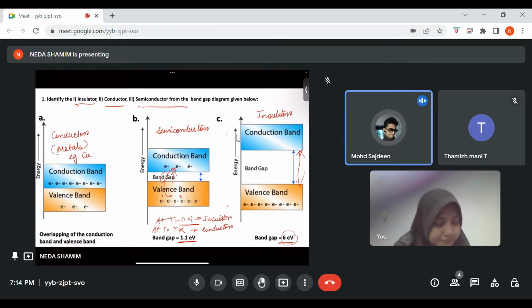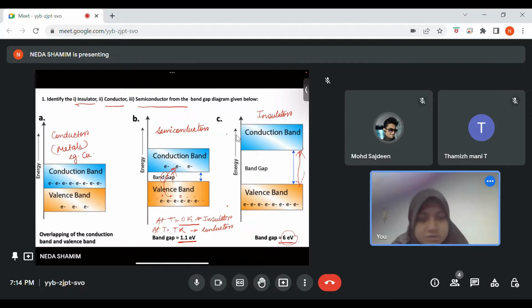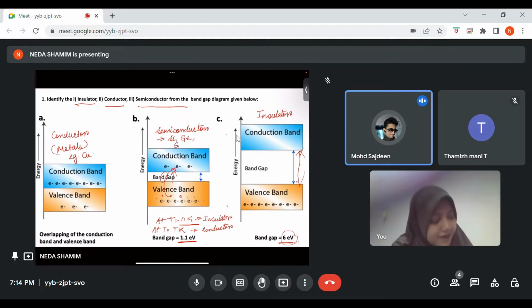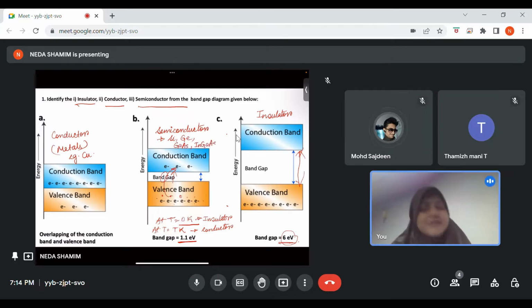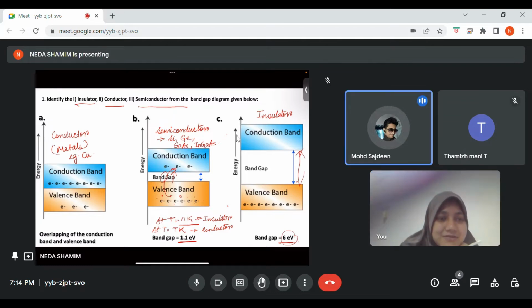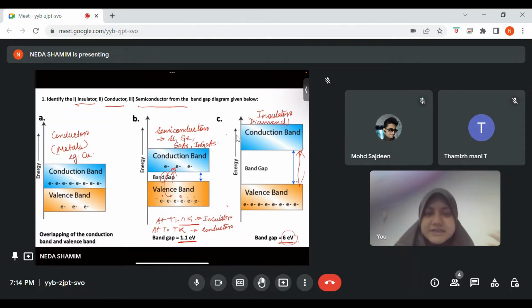Semiconductors are silicon, germanium. Some compound materials are also semiconductors, like gallium arsenide, indium gallium arsenide. Insulators are wood, plastic, or diamond. All these are insulators.